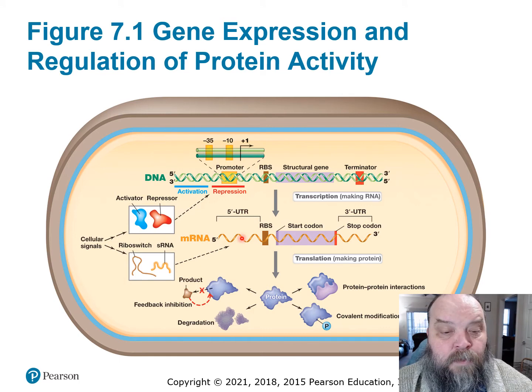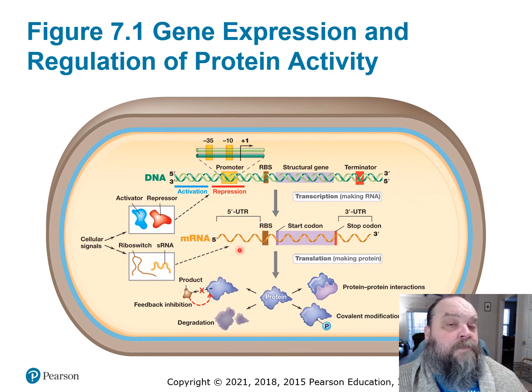Silencing RNAs and riboswitches can bind to the upstream sequence of the messenger RNA, upstream before the gene itself. They can bind and aid in positioning of the initiation factor for ribosome binding for translation to occur, or they can interfere.